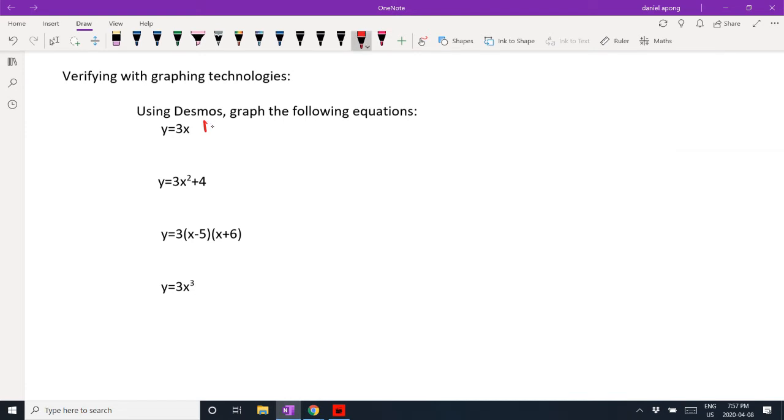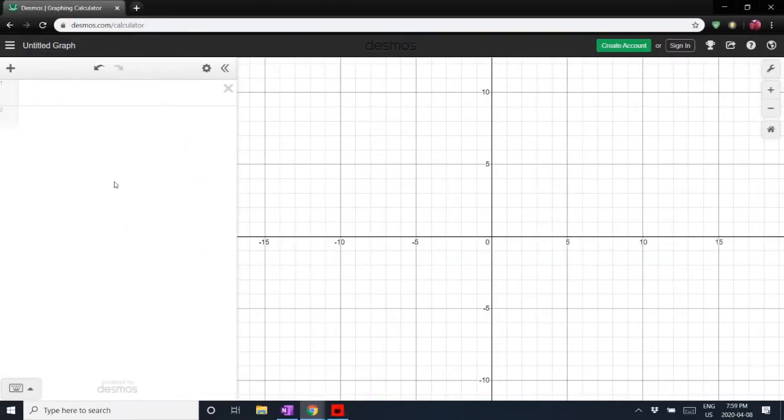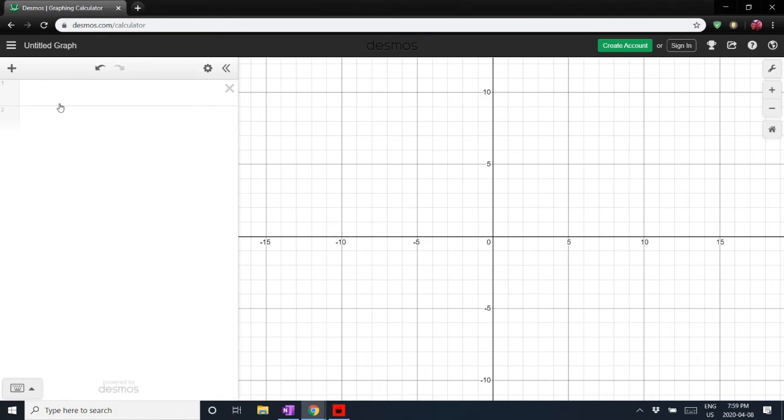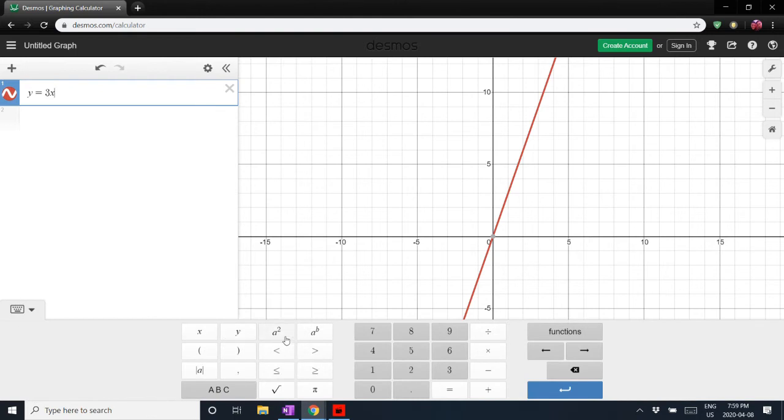We can label our first equation here as linear. We've seen linear equations before, like y equals mx plus b. This is an example of that: y is equal to 3x. Let's try example 2: y equals 3x squared plus 4. So let's plug this equation into Desmos. To get an x squared, we're going to click this little keyboard down here, and you're going to see the a squared button.